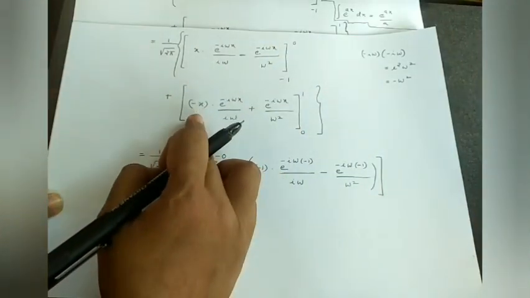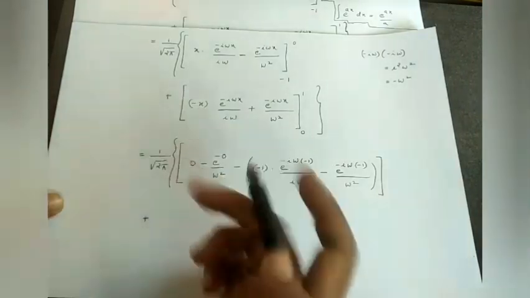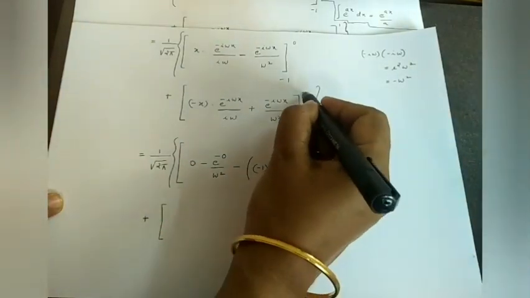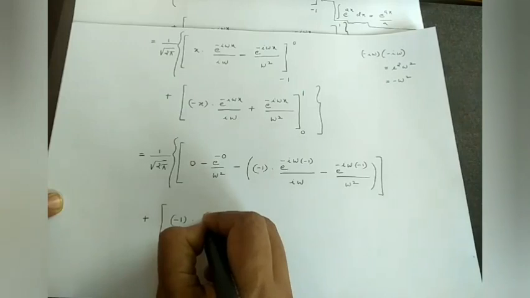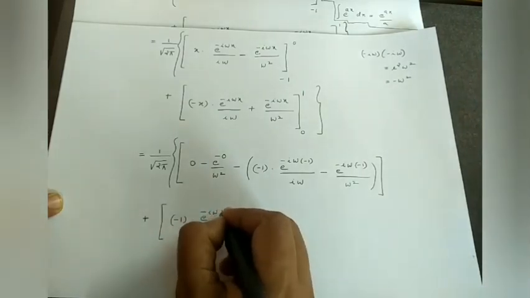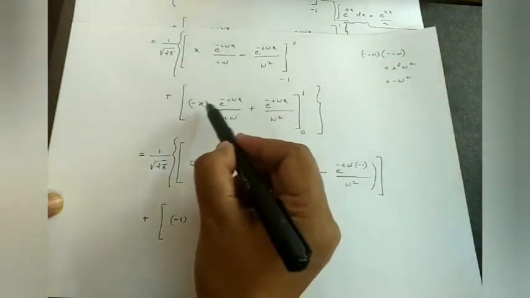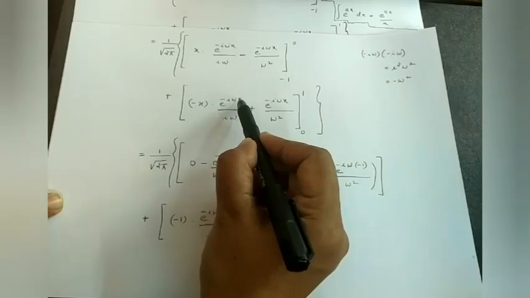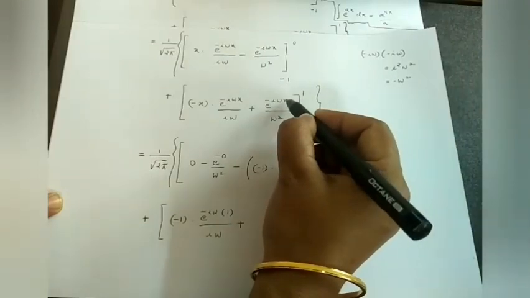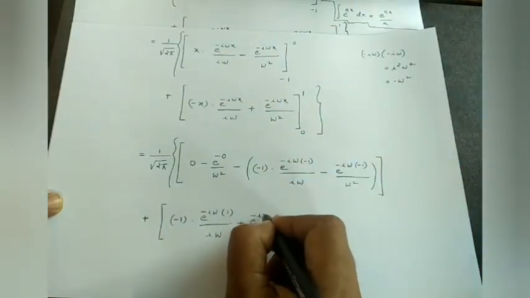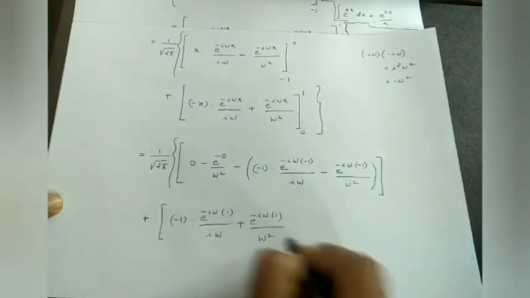Okay. Now applying the limits to the second term, plus this plus. Upper limit, minus 1 e raised to minus I omega into 1 divided by I omega, upper limit, plus applying the upper limit to the second term, e raised to minus I omega into 1 divided by omega square.